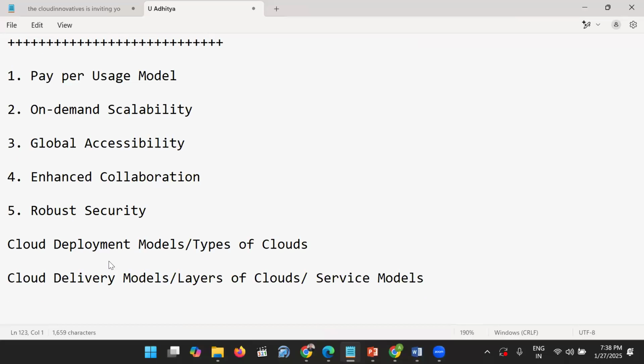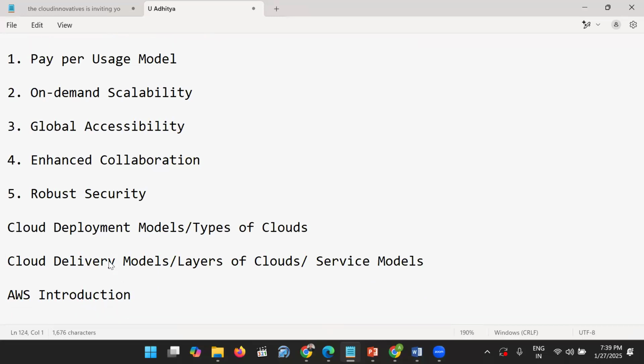And then in tomorrow's session, I will introduce AWS.